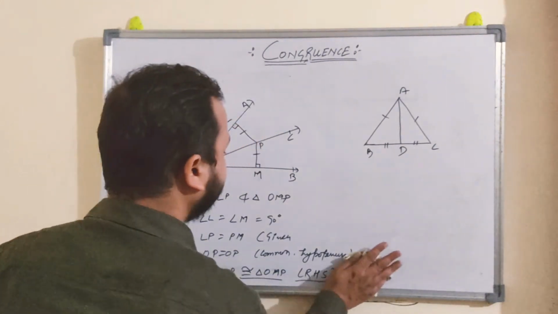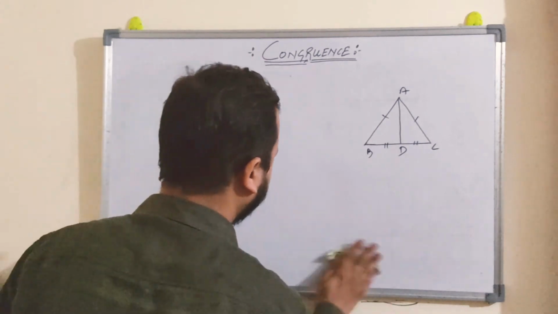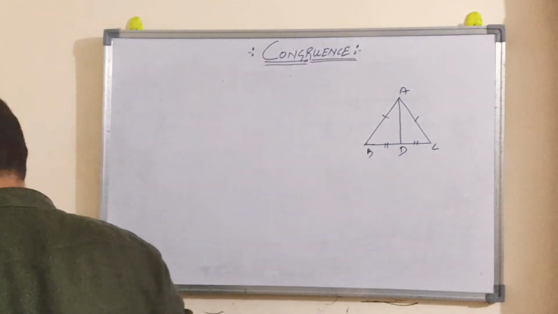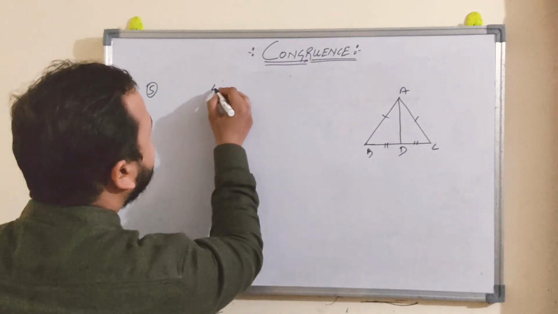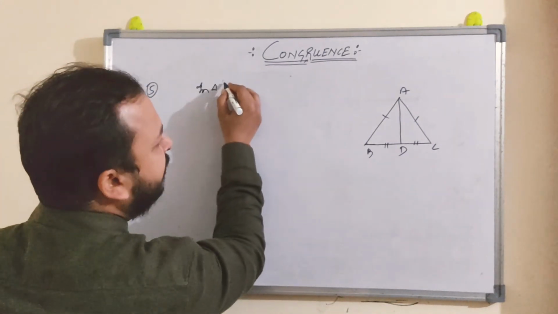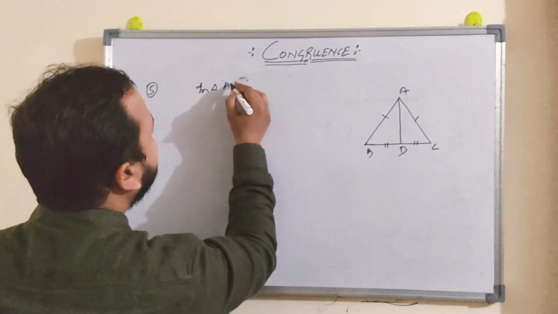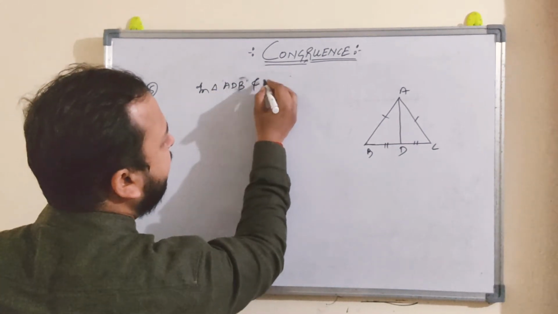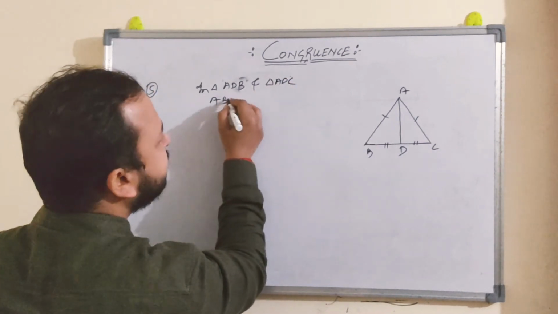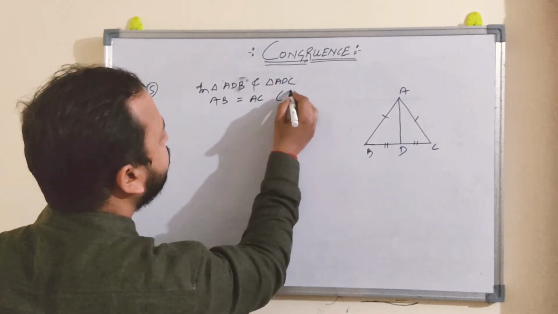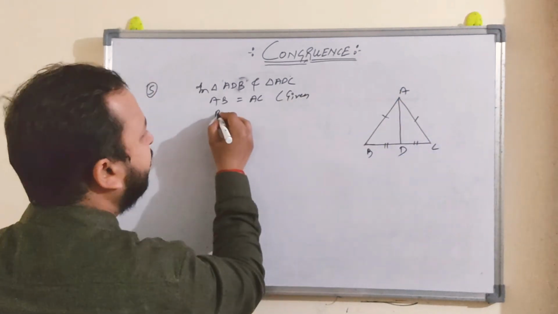Okay, so I am going to prove this question. This is question number 5. So in triangle ADB and triangle ADC, you can say that AB is equal to AC. It is what? Given. Right? It is given.